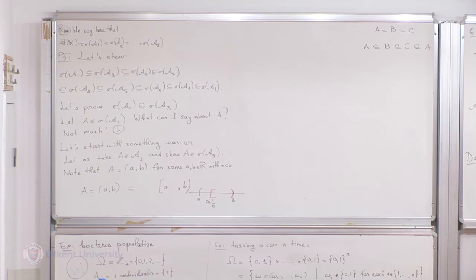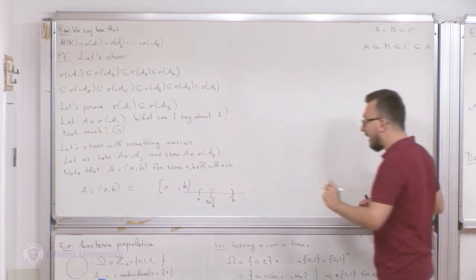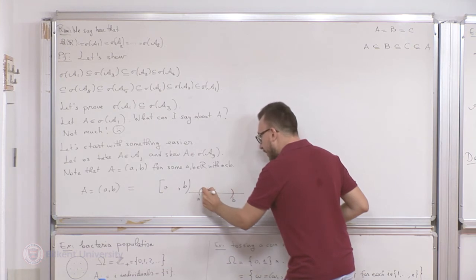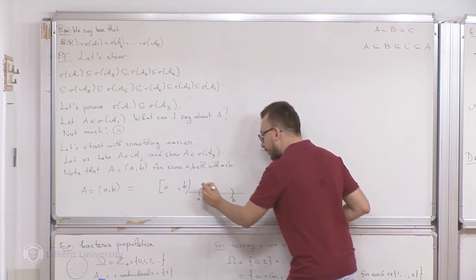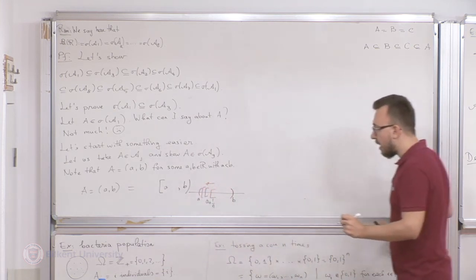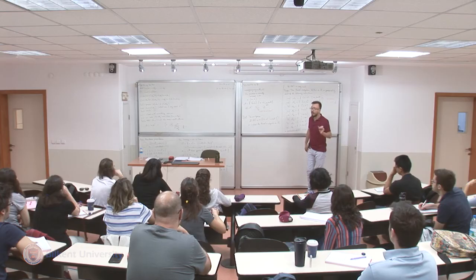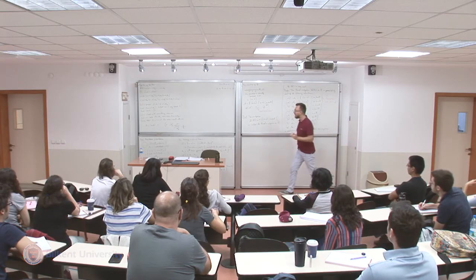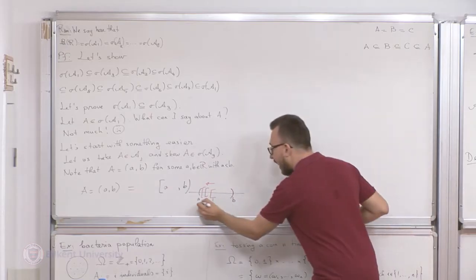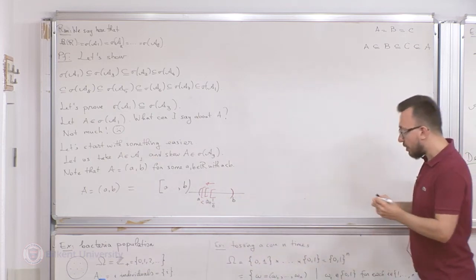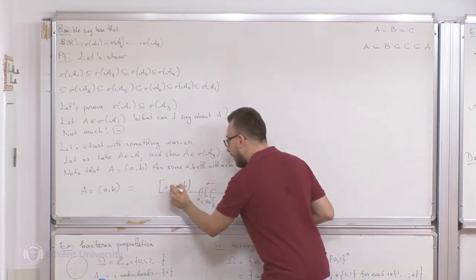Why don't we just look at this interval? As n increases, we will get closer and closer to here. But we will always exclude A, because A plus 1 over n, no matter what n is, is always strictly greater than A. So let me add this 1 over n here.